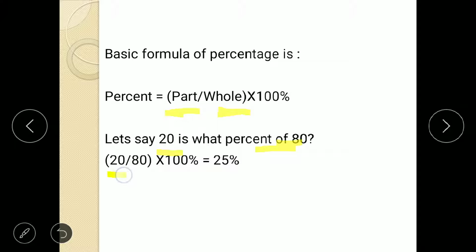So 20 is the part and 80 becomes the whole. 20 divided by 80, if we substitute in this formula, is multiplied by 100%. We always have to multiply this by 100%. If we cancel this out, it becomes 25%. So this becomes a simple formula, and we have done a question based on percentages.